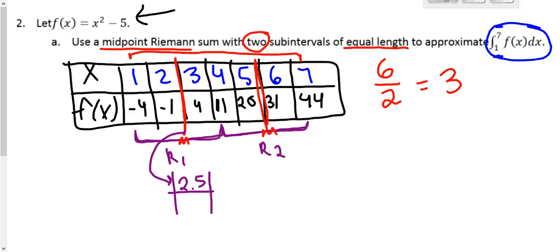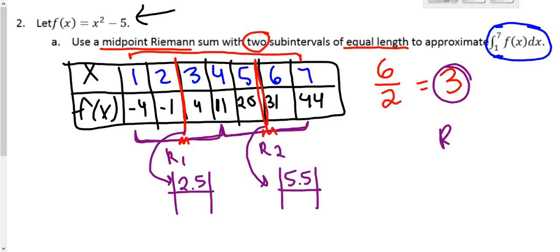So we're going to add a value there, and halfway in between 5 and 6, we need to add 5.5 to get the y value there, because that will be the height of these 2 rectangles. The base, we already know that both of these rectangles have a base of 3. So R1 has a base of 3, and R2 has a base of 3.